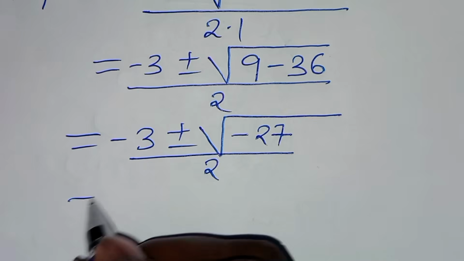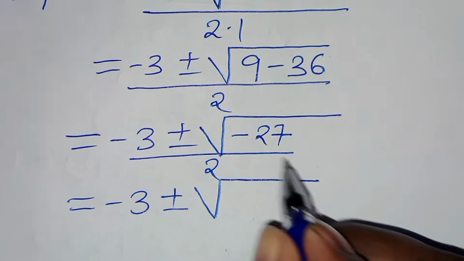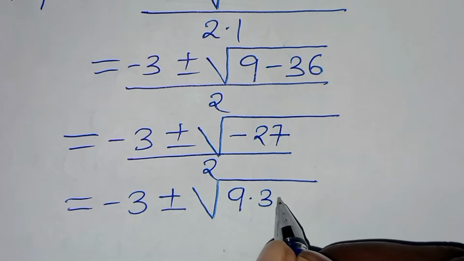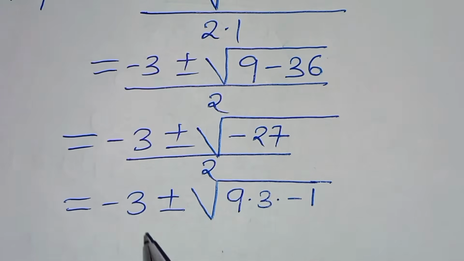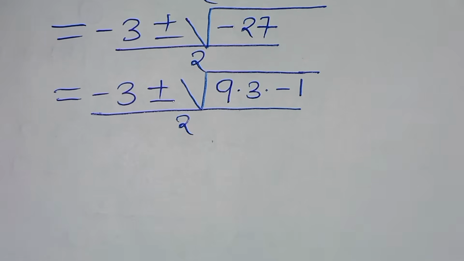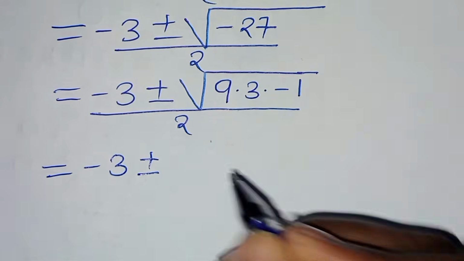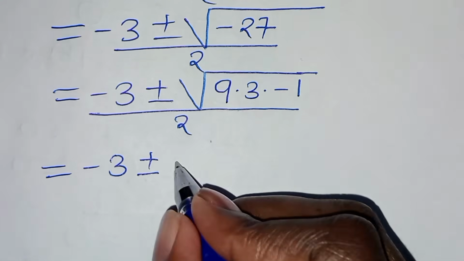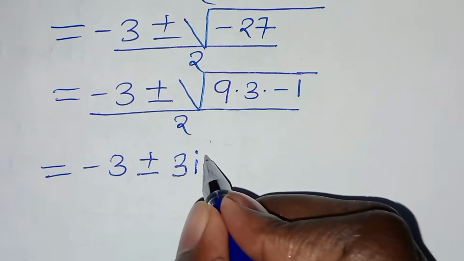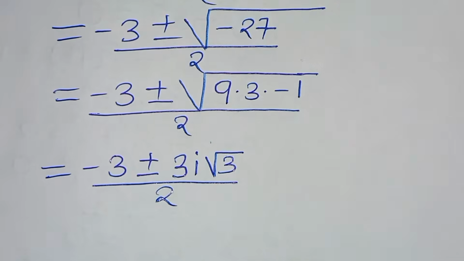So this implies here we have minus 3 plus or minus the square root of negative 27, which we can express as 9 times 3 times minus 1, all this divided by 2. Now, here we have minus 3 plus or minus the square root of 9, this is 3, the square root of minus 1, this is i, then square root of 3, divided by 2.